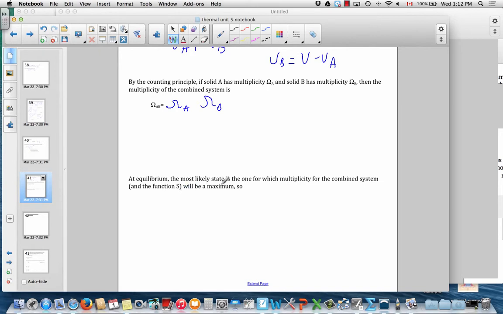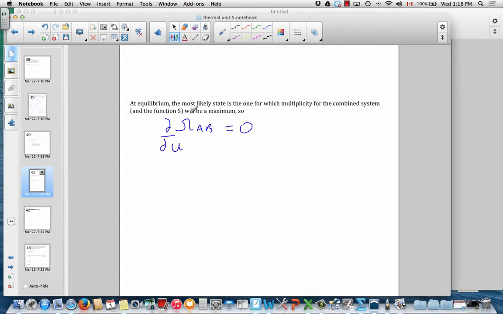Now, the most likely state we've seen is one where the multiplicity is a maximum. So it's maximum with respect to a number of variables, including the internal energy, because we've written the multiplicity as a function of the internal energy. Now, we've written this using the counting principle as the product of those two multiplicities. We'll now use the result we just derived, and we're going to differentiate with respect to UA.